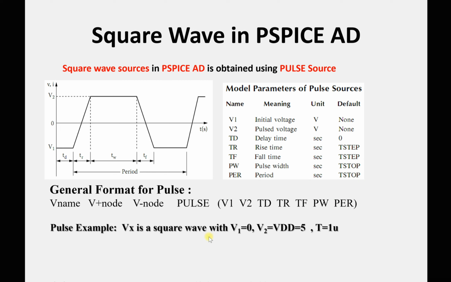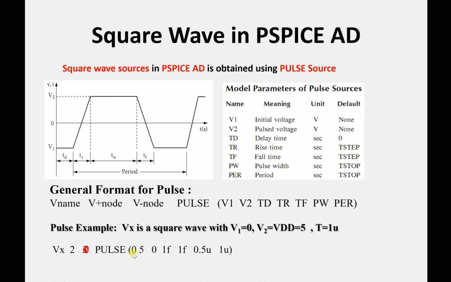For example, Vx, in our case V input, is a square wave with V1 equal to 0, V2 equal to VDD equal to 5, and the period equal to 1 micro. When I wrote the code for Vx, I said the following. Vx, for example, is between node 2 and node 3, but in our case it will be between node 2 and node 0. The type of Vx voltage source will be a pulse.